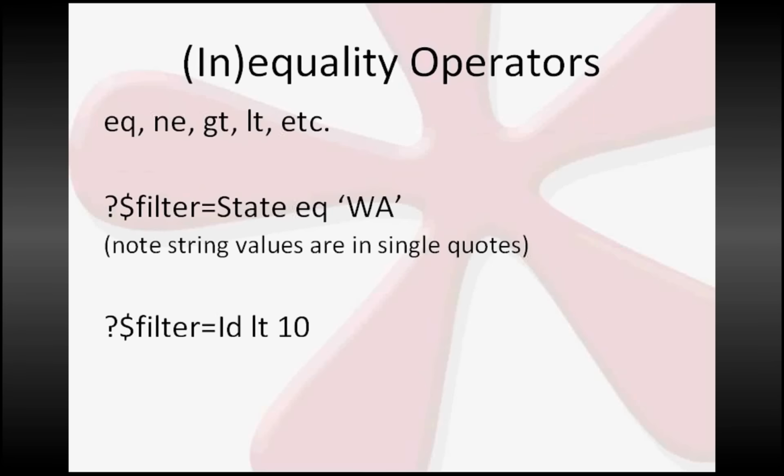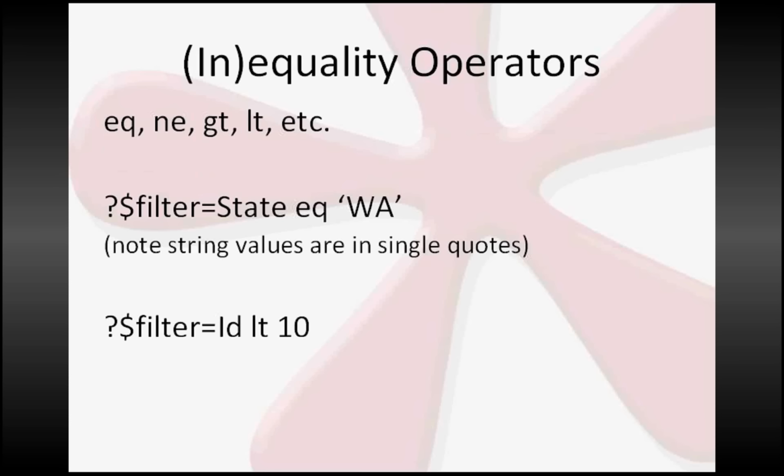Well, first you can filter by value. So let's say I wanted to get only rows where the state was WA, Washington. I could indicate a filter like this, and that would pull those back for me. Up here we can see checking for equality or inequality is specified by these two-letter values.